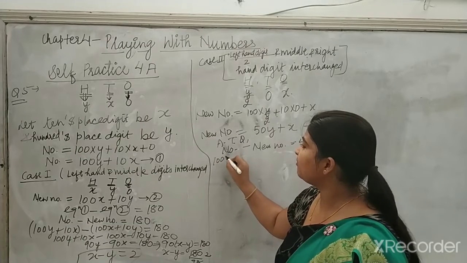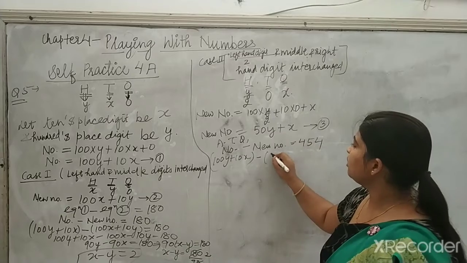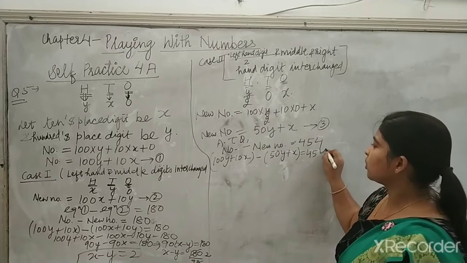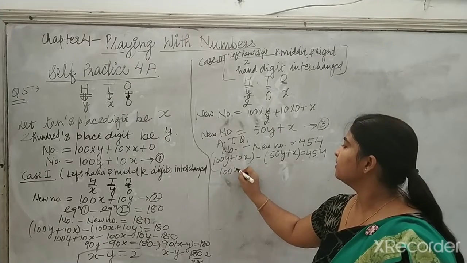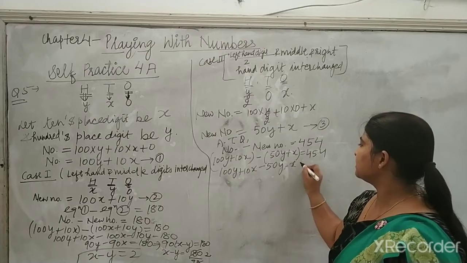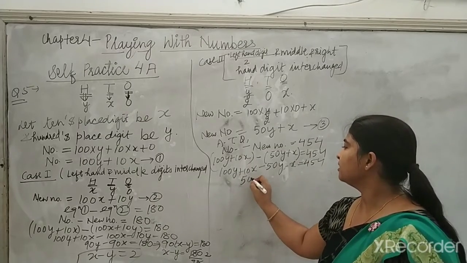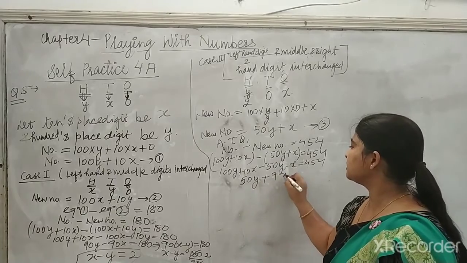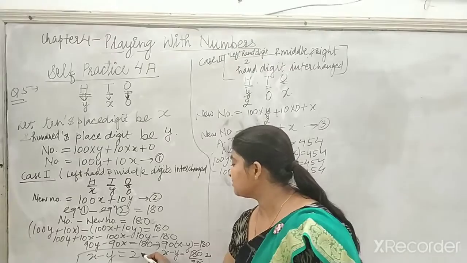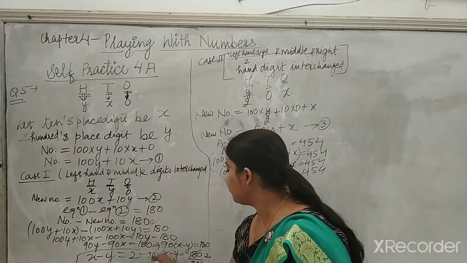The number is 100y plus 10x, minus the new number, 50y plus x. Just solve it. 100y plus 10x minus 50y minus x is equal to 454. This is your 50y, this is your 9x is equal to 454. Can you see that you have got x minus y equal to 2? That was your equation number 4, if you say.